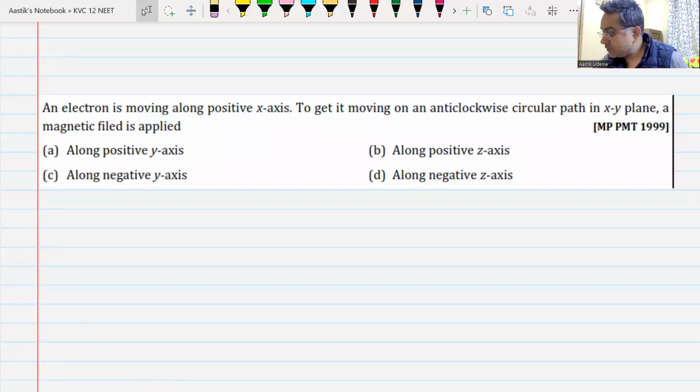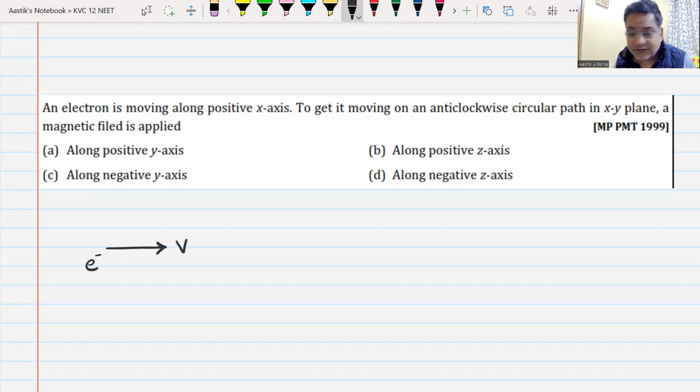So how are we supposed to solve this? Remember, an electron is moving like this along the x-axis, and you want to move it in an anti-clockwise direction.